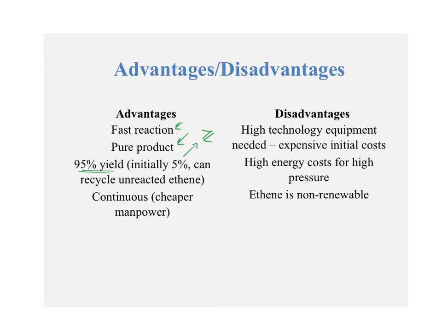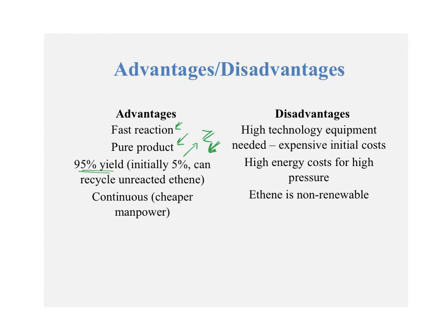So we can take that unreacted ethene from the backwards reaction and we can recycle that with steam to continually produce that alcohol that we want. Now, because it's a continuous reaction, it doesn't require much monitoring, doesn't require many people to say, oh, that's ready, take it out. We can just process it and get rid of it.